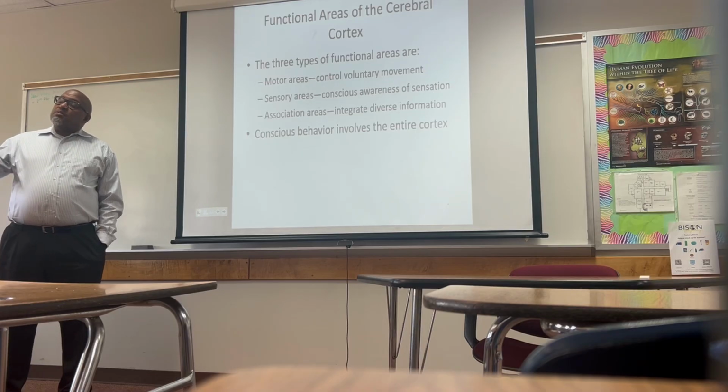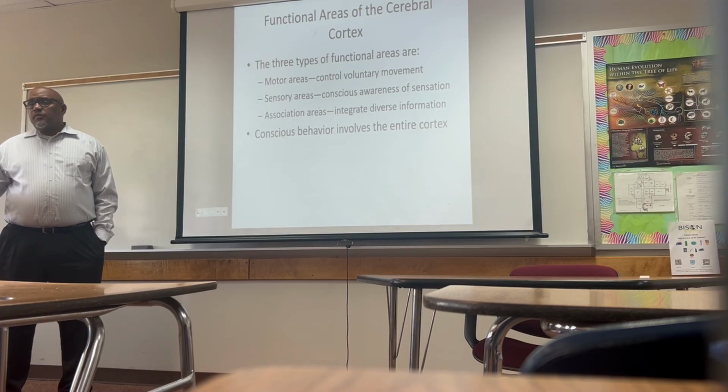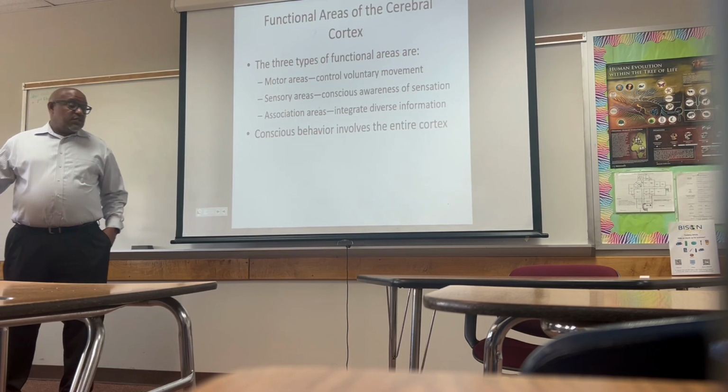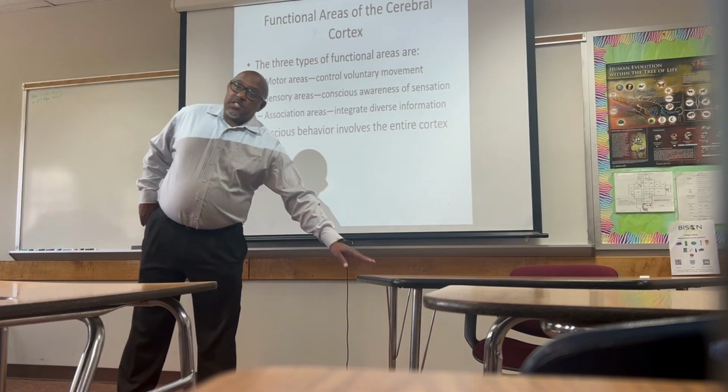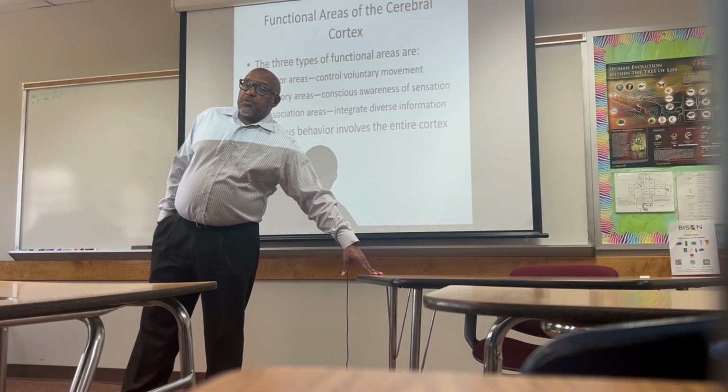Now, there'll be some more slides on this, but hopefully I can skip them. Diverse information is when you take two or more pieces of information to figure something out. We do it all the time. You can touch something and say that this is cold and smooth. That's two pieces of information.